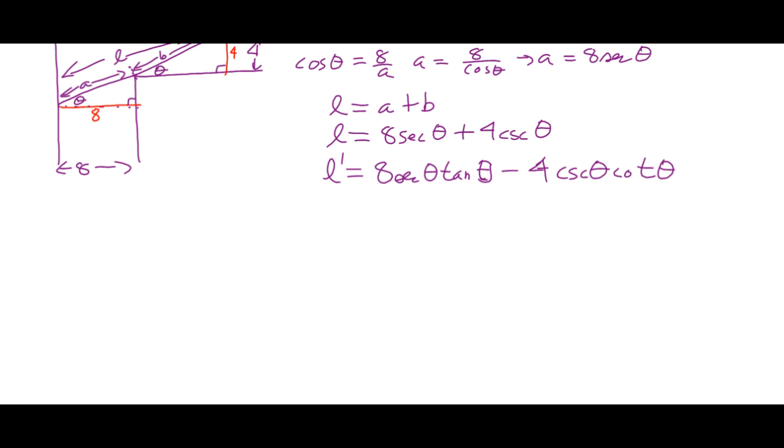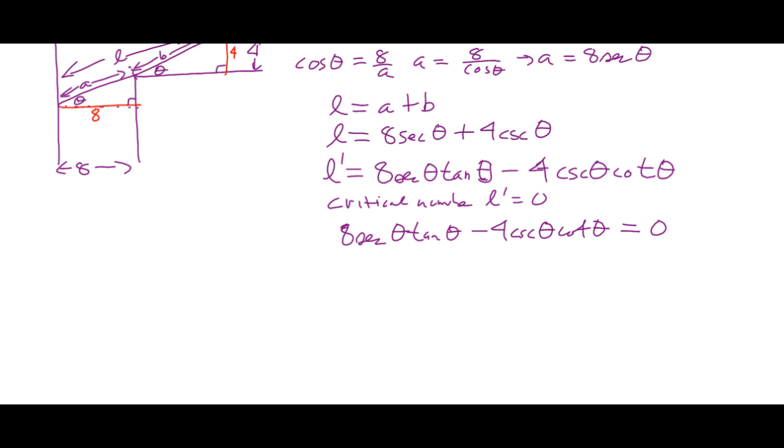So critical number, L prime is equal to 0. So 8 secant theta tan theta minus 4 cosecant theta cotan theta equals 0. Okay, so here's the trick then. We're going to multiply both sides by sine theta tan theta.